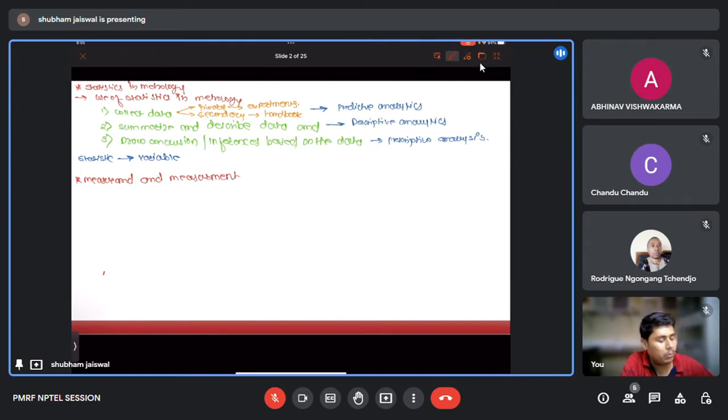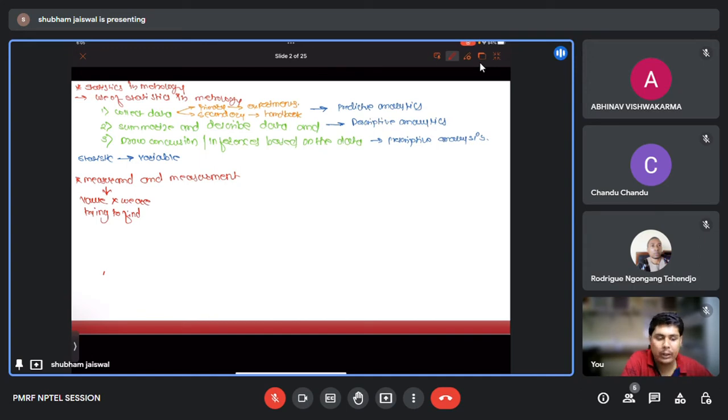Measurand is nothing but the value x that we are trying to find, or the quantity that we need to determine.